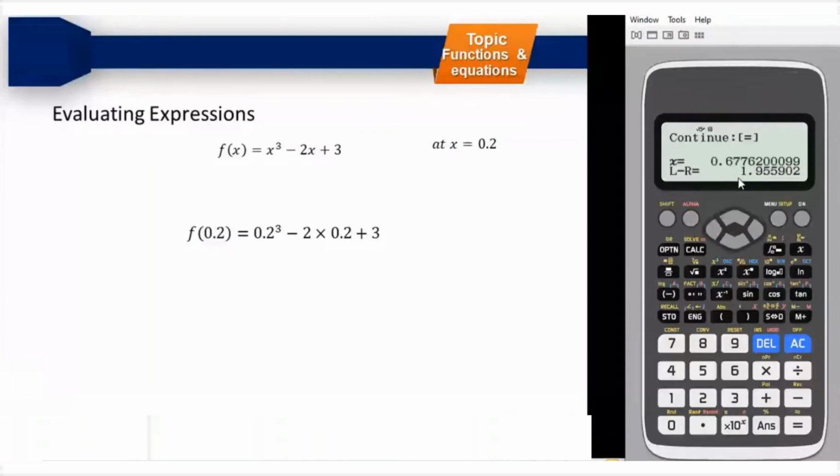The reason being that when L minus R is not 0 in your calculator, it is an indication that the value obtained is incorrect, because the value will only be correct when L minus R is 0 here. So it means that I need to resolve this particular question.